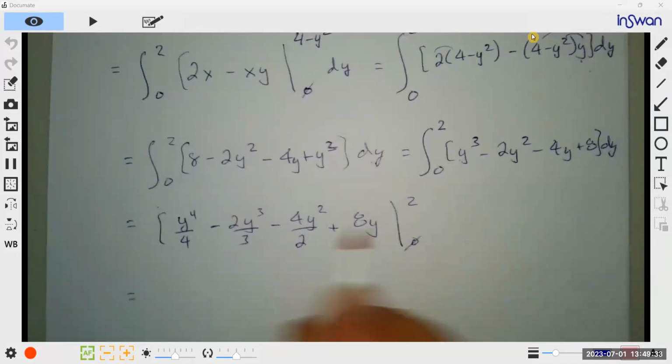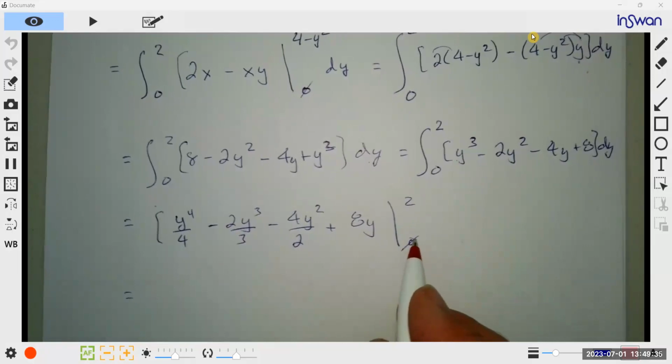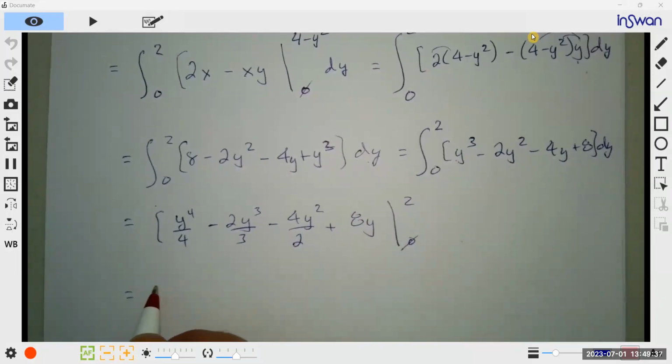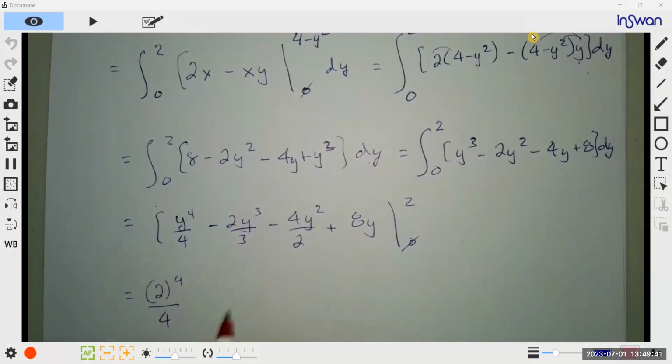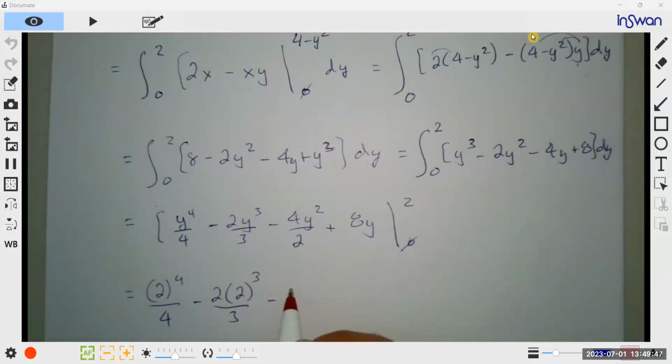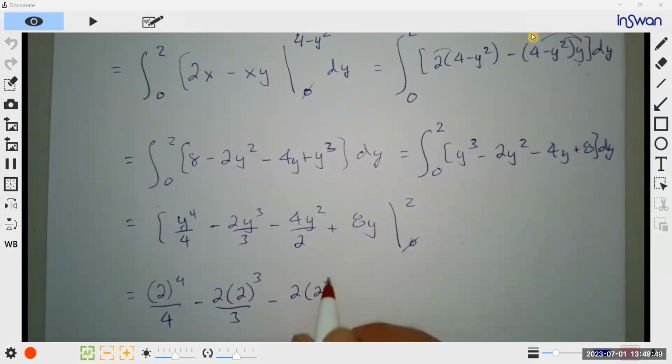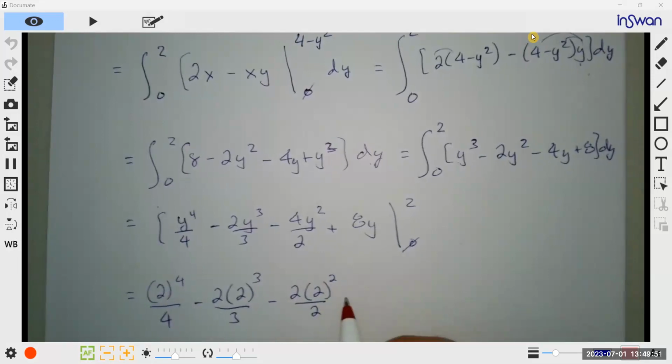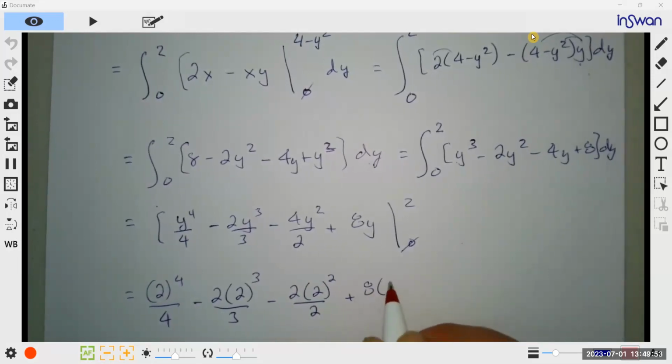Again, we don't have to worry about the zeros since they all have y's. The next part will be 0, so just the 2's. 2 to the power 4 over 4, 2 cubed over 3, 2 squared over 2, 8 times 2.